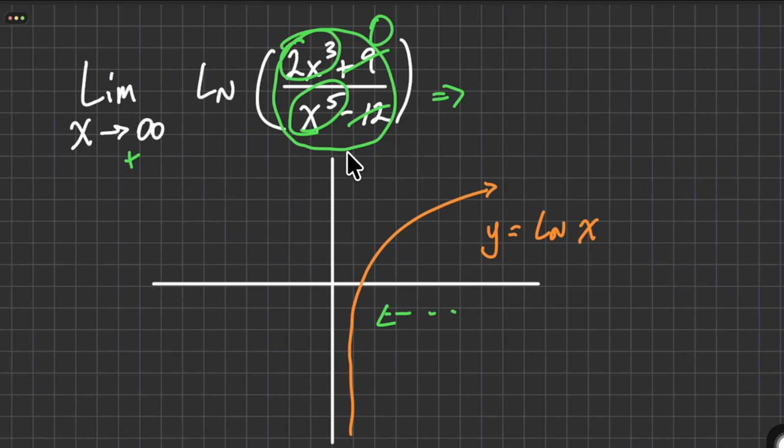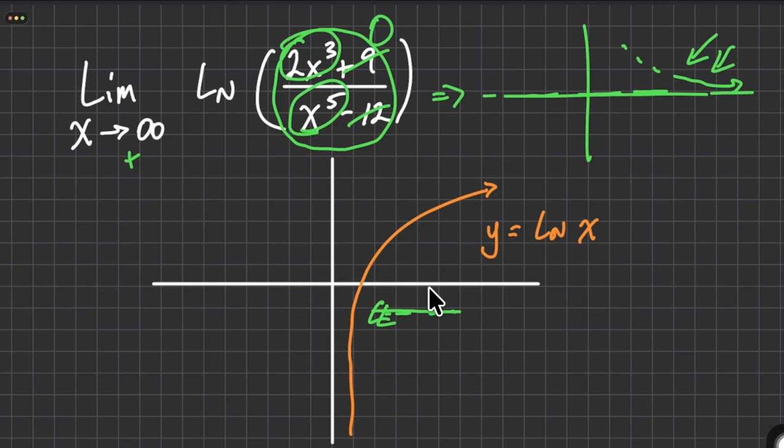This rational function itself is going to have a horizontal asymptote that's going to head towards 0 from above, and all the values are going to be positive. Therefore, we could safely say that x is going to approach 0 from the right, and therefore the y value, namely the limit, is going to approach negative infinity.